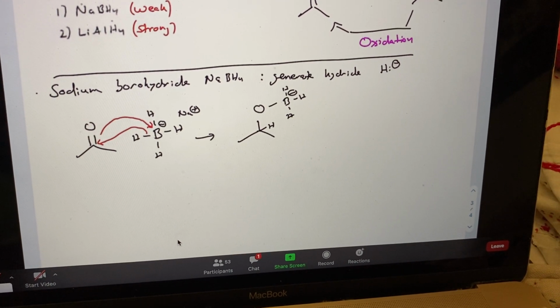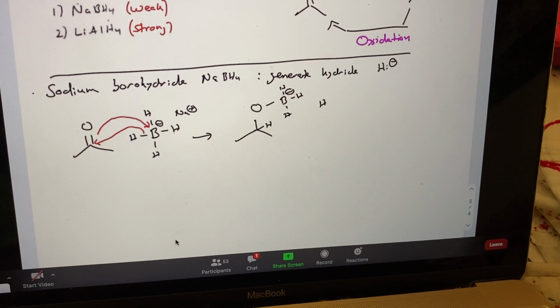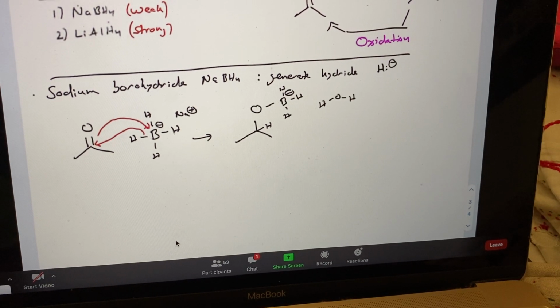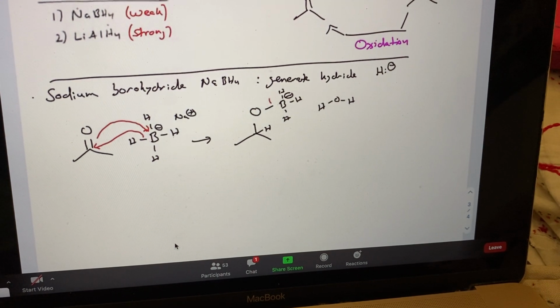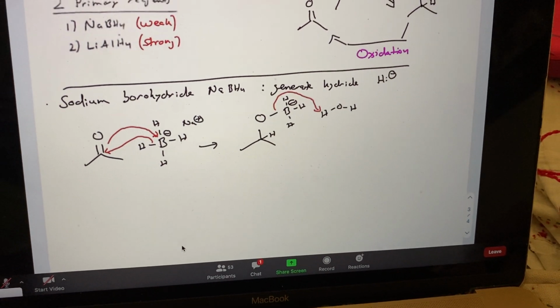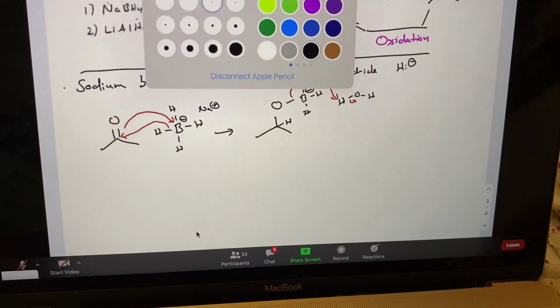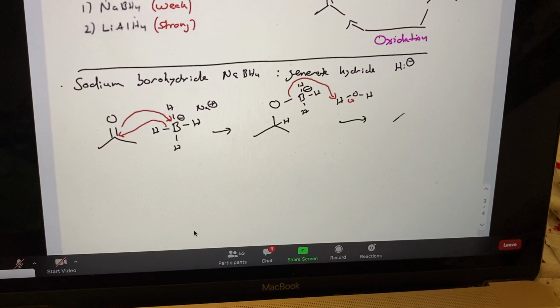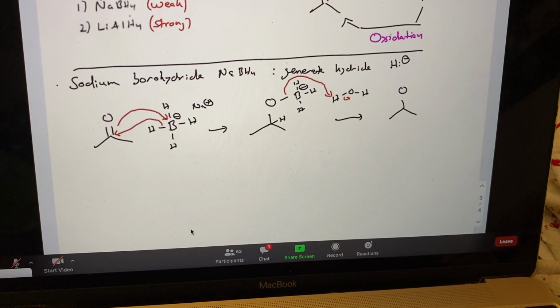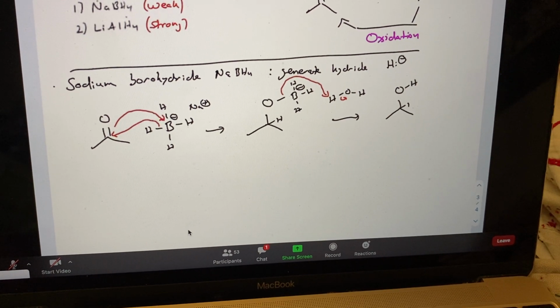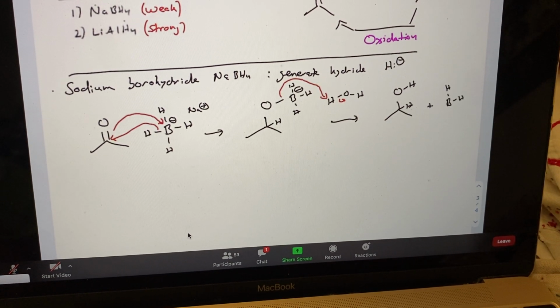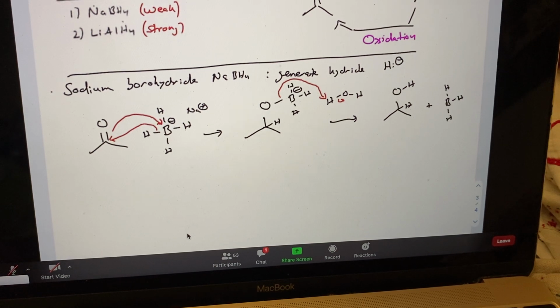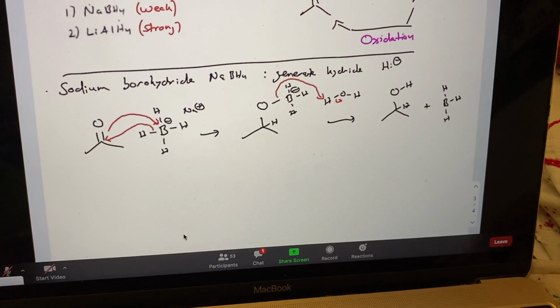Then this reaction is usually done in the presence of water or an alcohol, ethanol. So now what happens is this bond here is going to be used to pick up a proton. I'll put this hydrogen here so we still see it. And we've generated, I should say, BH3. Okay.